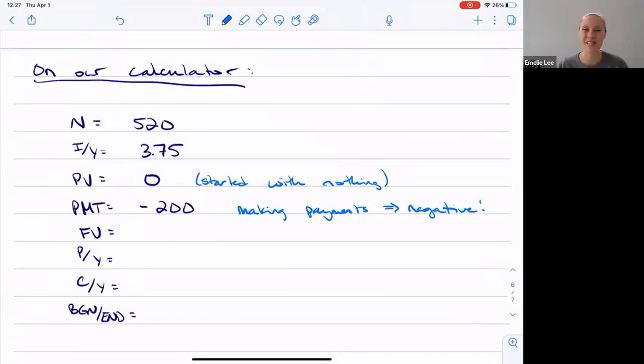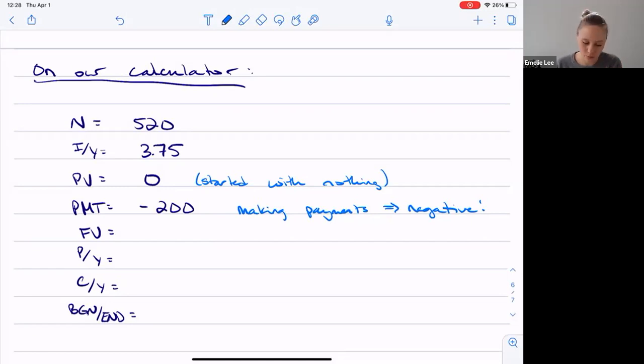Because it's leaving their hands. It is going into their account, but as far as, well, money had to come in and then it's going out, and it happens to be going into that account. And being able to think about whether the money is leaving my hands or coming to me is going to take some practice.